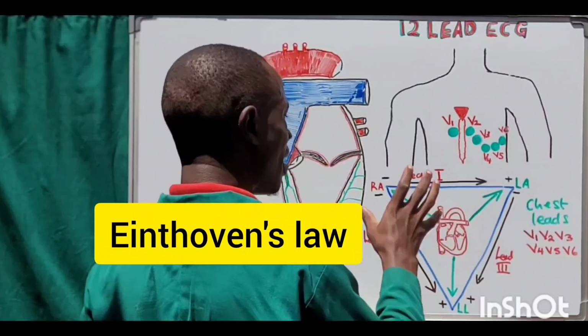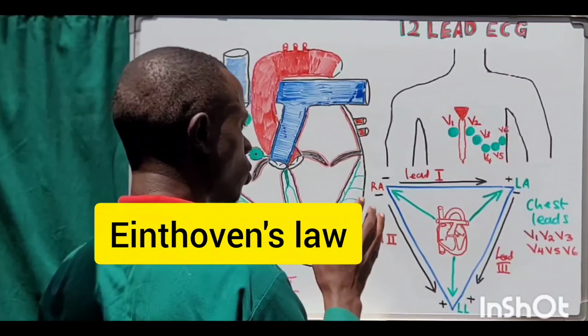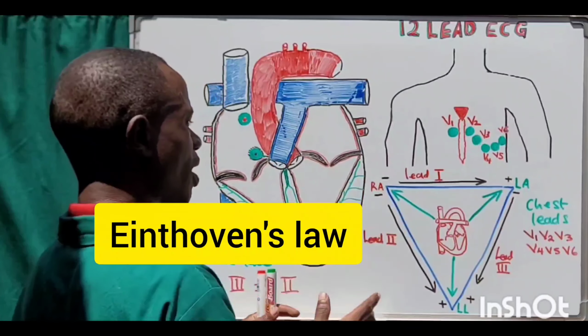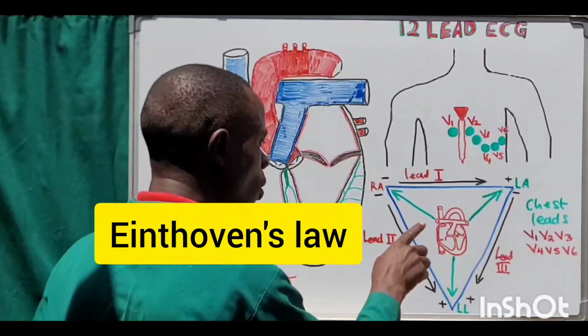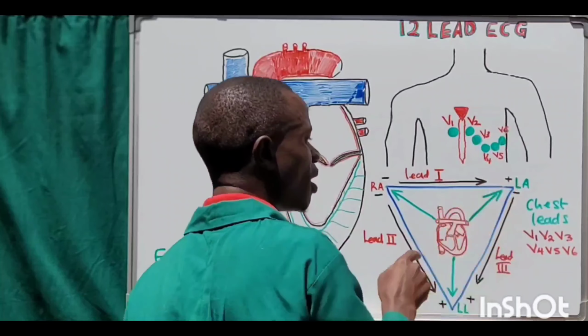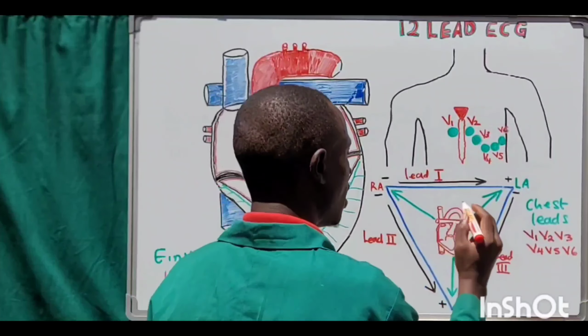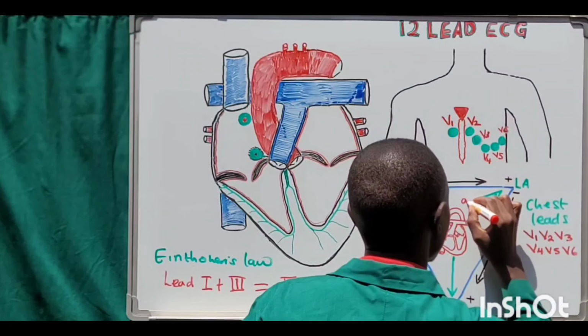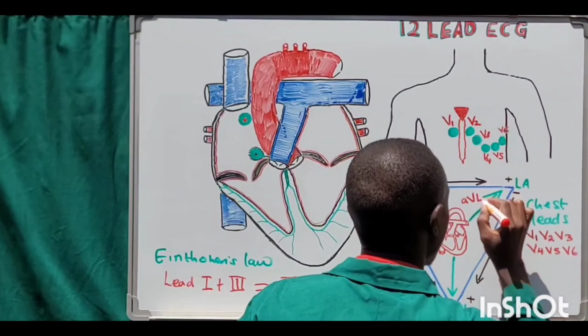Then we also have some other leads which are going to help us look at the heart from different angles. We have this lead here which is going to be looking at the heart from the left arm, and this one here is just called AVL.